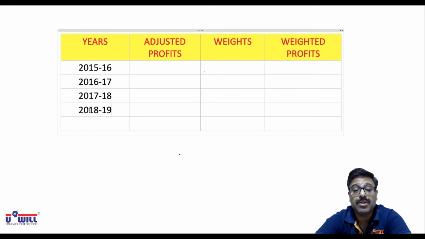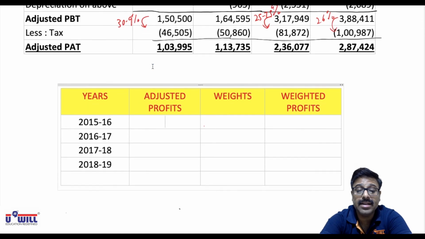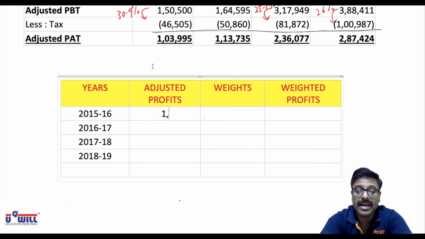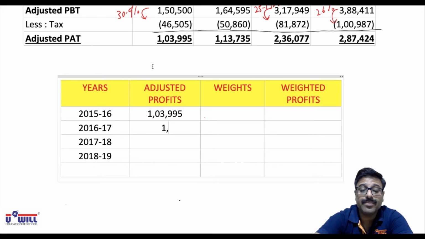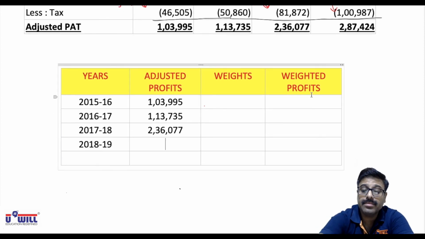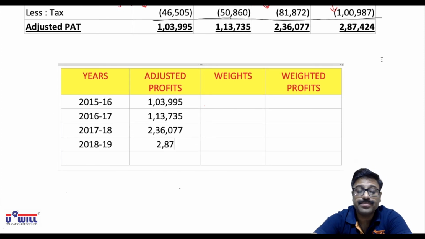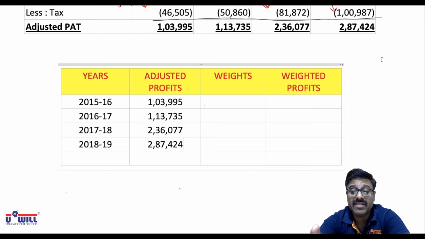Adjusted profits means profits after tax, what we have obtained at the end: 103,995, 113,735, 236,077, 287,424.